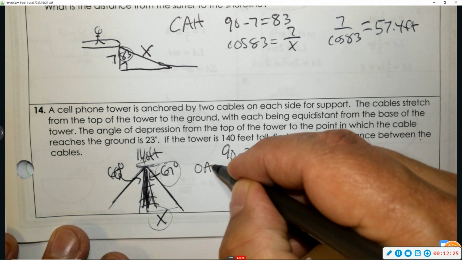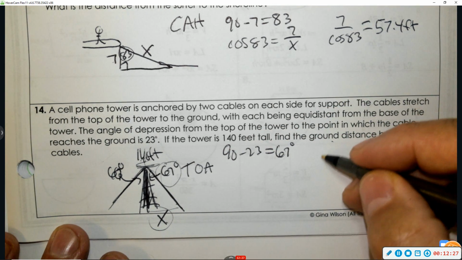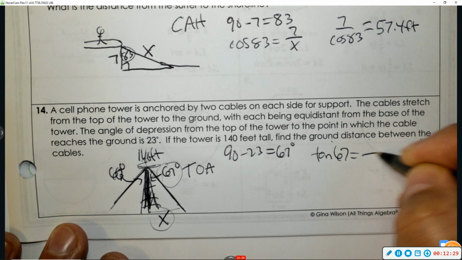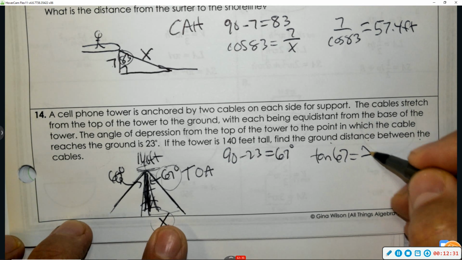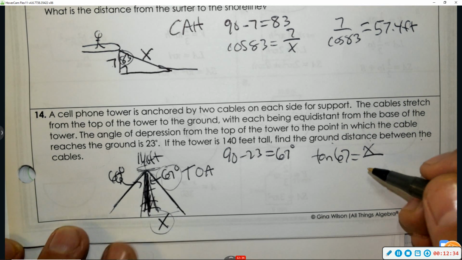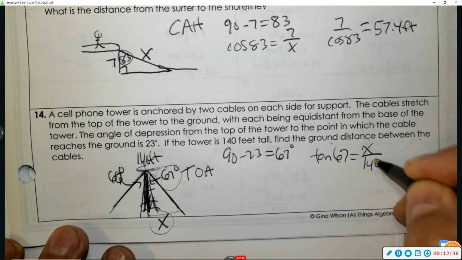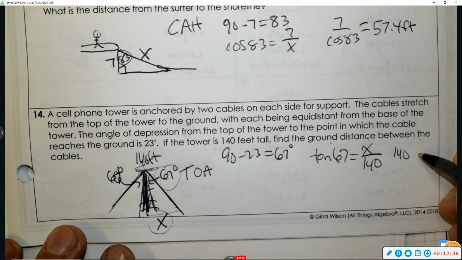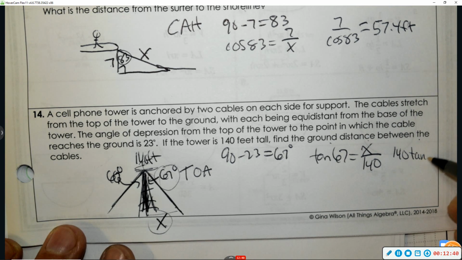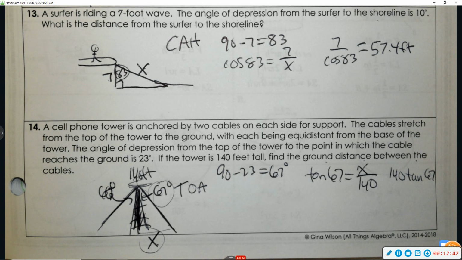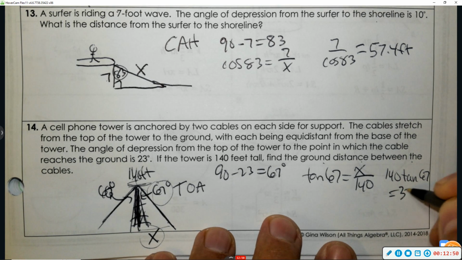So opposite and adjacent, that's tangent. So we're going to write down tangent of 67 equals opposite, which is x, over adjacent, which is 140. I'm going to multiply to figure out that number. So 140 times tangent 67. That's 330 if you round.